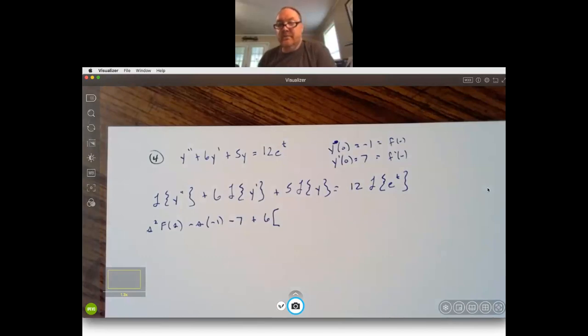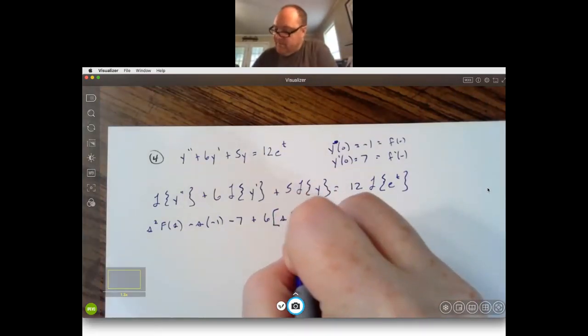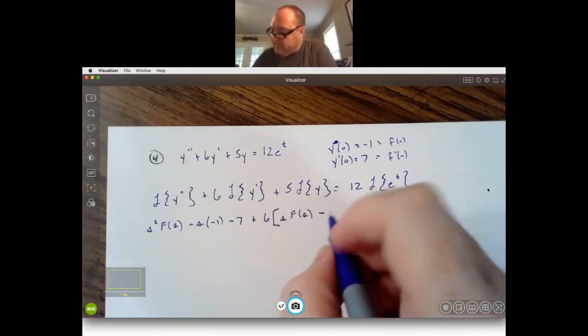Plus 6 times the transformation of y prime, which is s F of s, minus f of 0, which is -1. So minus -1 is positive.